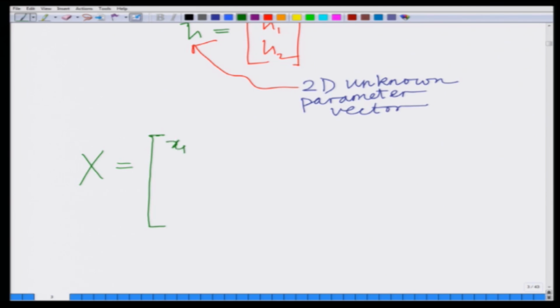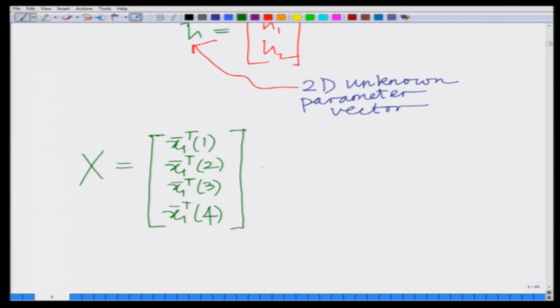X is x bar transpose 1, x bar transpose 2, x bar transpose 3 and x bar transpose 4. This is your pilot matrix X.